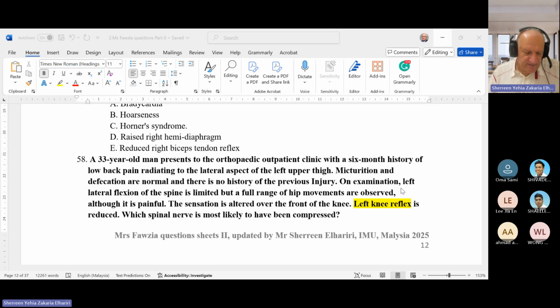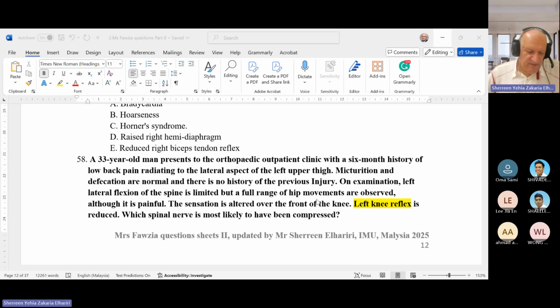Left knee reflex is reduced. Which spinal root is most likely compressed? Just remember, what is the root value of the knee reflex? L4. And for the ankle reflex?